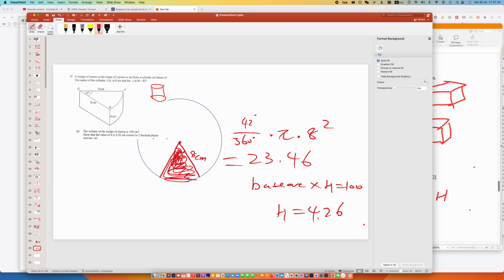Can you key in one more time by yourself? Key in the way I key in, okay? 42 divided by 360. Just get the answer first. Yep, good. Then continue to key in the rest.